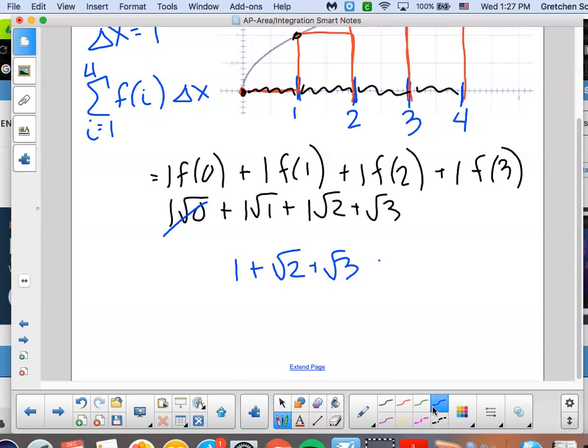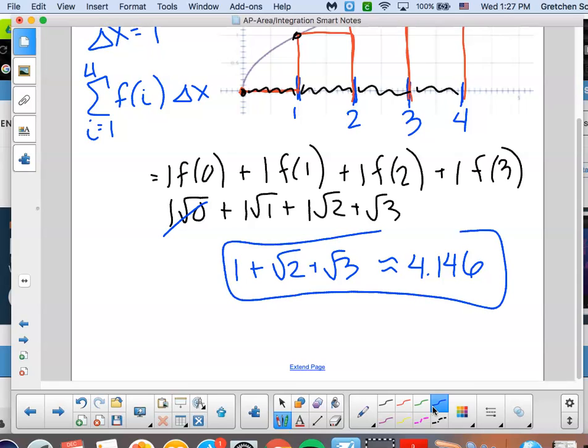So then approximation... Questions on that? Is one approximation necessarily better than the other? Not really. You kind of just do what you're told.